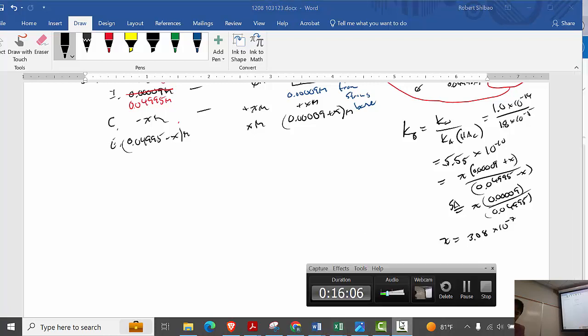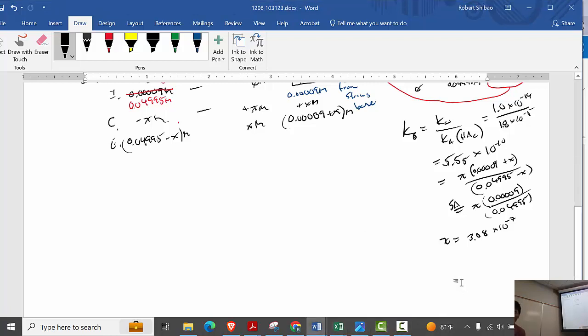But is the simplifying assumption valid? So which one do we want to take? Do you want to take x over 0.004009, or do you want to take x over 0.04995? Where did you get the 1.8 times 10 to the negative 5? This one? Oh, given. Okay. Off that table there.